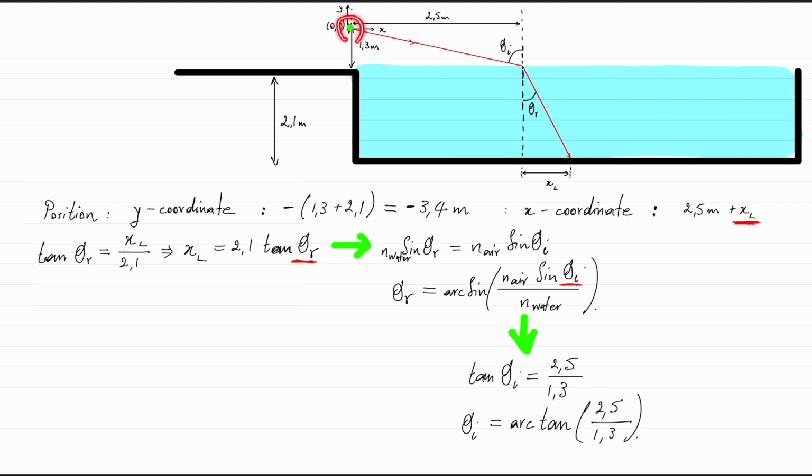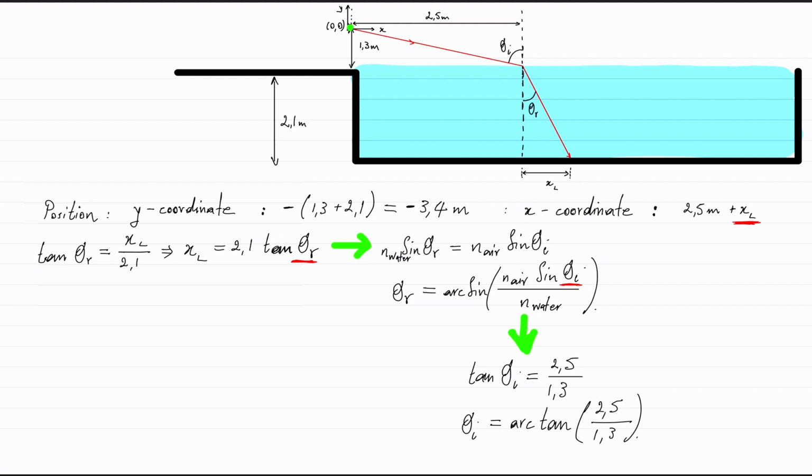But because in my coordinate system this is in the negative direction, my y-coordinate of where the light beam hits the bottom of the pool is going to be negative the sum of 1.3 and 2.1, which is minus 3.4. So that is the y-coordinate. That's how deep from the position of the flash or the torch the light beam is going to hit the bottom of the pool.